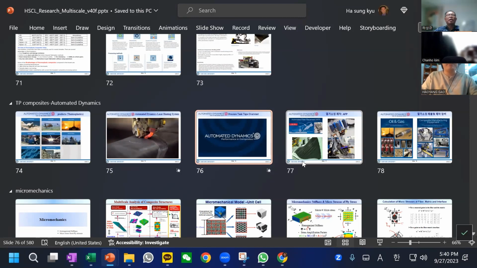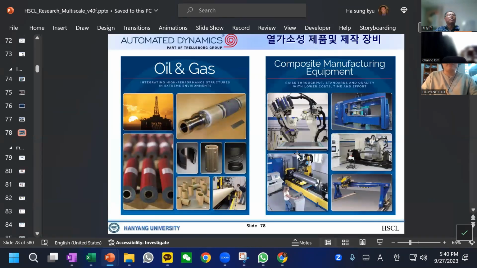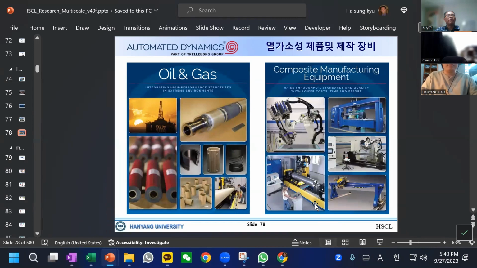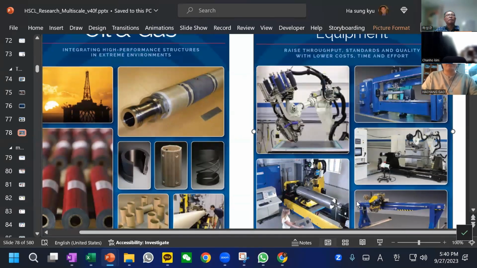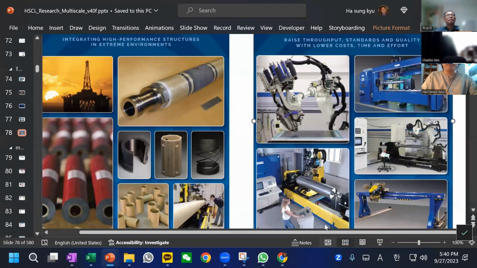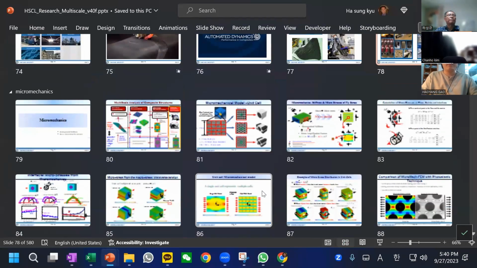And to recycle, it takes a lot of energy, which is not good for the carbon free. So for oil and gas application or any application, they like to use the thermoplastic, not just for the recyclability, but the processability and the very unique characteristic of a thermoplastic can be well used for the composite parts.